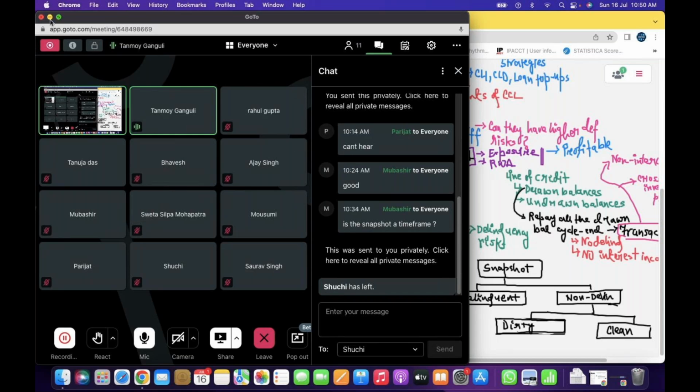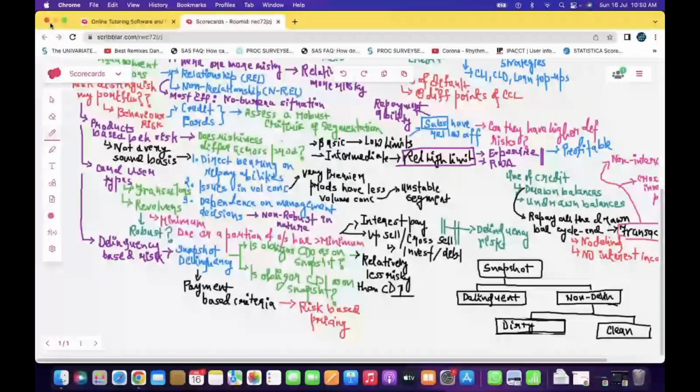Okay, so let us start off with the acquisition scorecards. What we know is that acquisition risk captures the risk of the borrower's profile at origination.